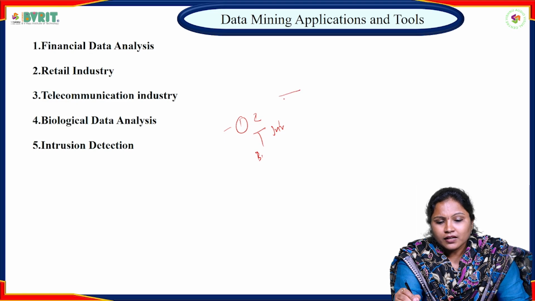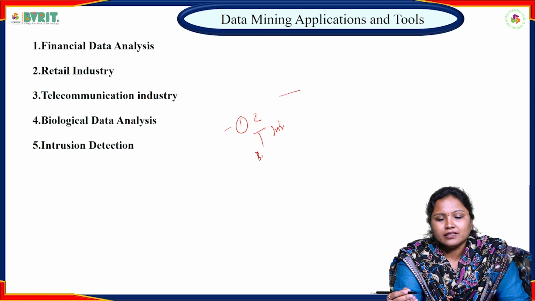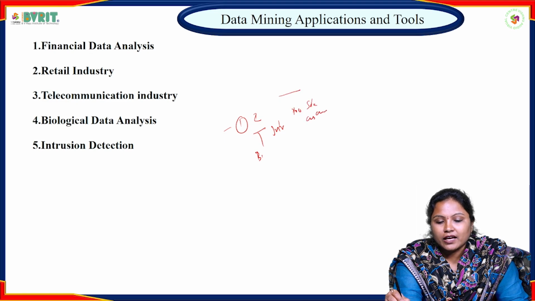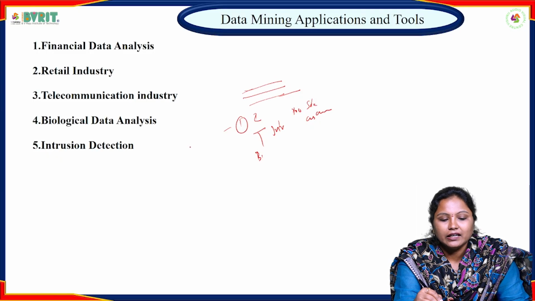Financial data analysis is employee salary details, and when we purchase anything, for that purpose we use this. And retail is e-commerce: customer details, customer products, whatever the customer purchased, what is the profit, what is the loss.